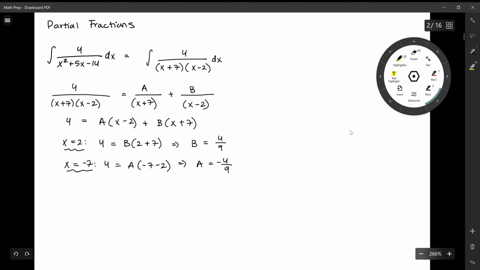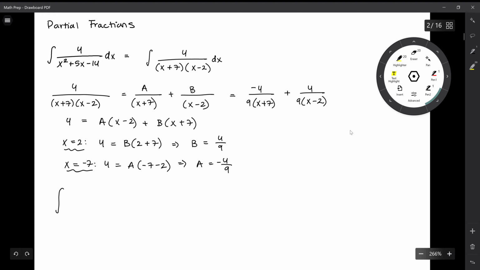Now we know what these variables are. If we put these back together, we can say negative 4 over 9 times x plus 7, plus 4 over 9 times x minus 2. Then we can take this and plug it back into our integral. Since we know what 4 over x plus 7 times x minus 2 is equal to, we can put this back in.